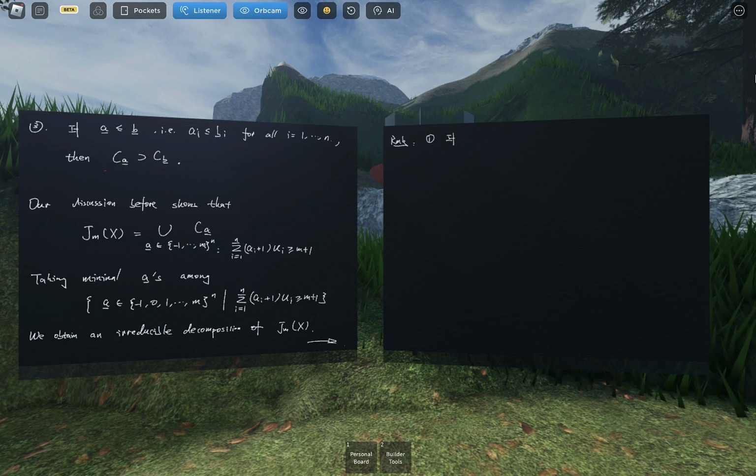If the monomial ideal we start with is a reduced monomial ideal, which means it is a vanishing set of this monomial, so all exponents are just one.